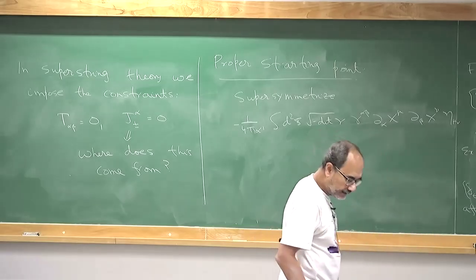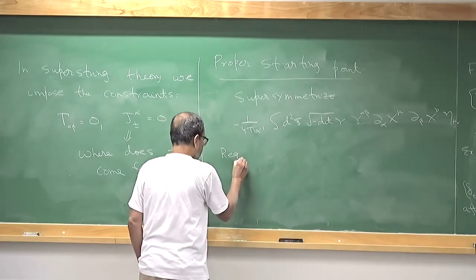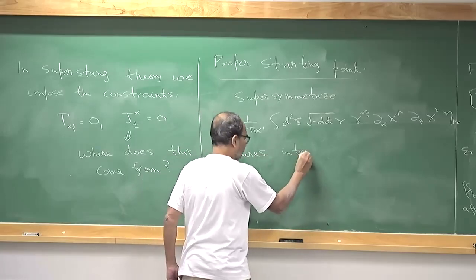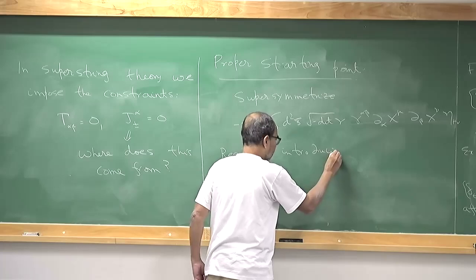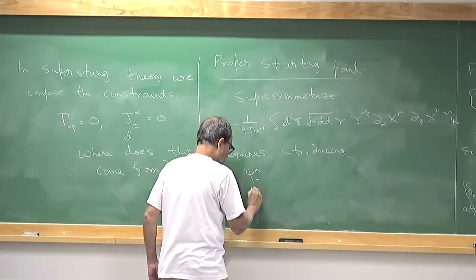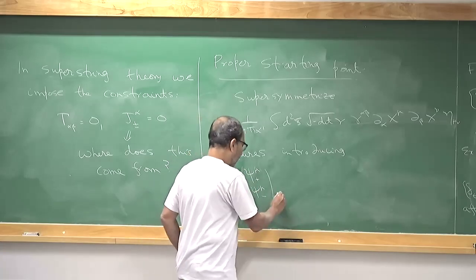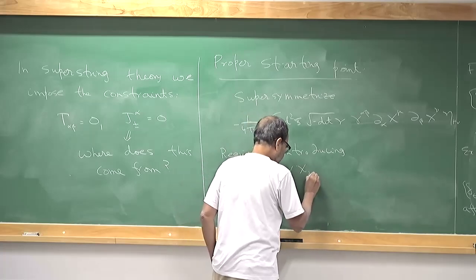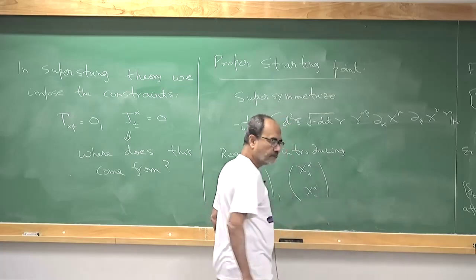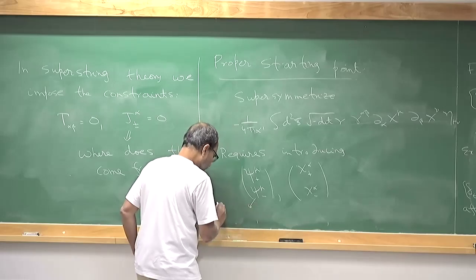So this requires introducing psi mu's and also chi plus alpha, chi minus alpha. These were in some sense the partners of the x mu's.